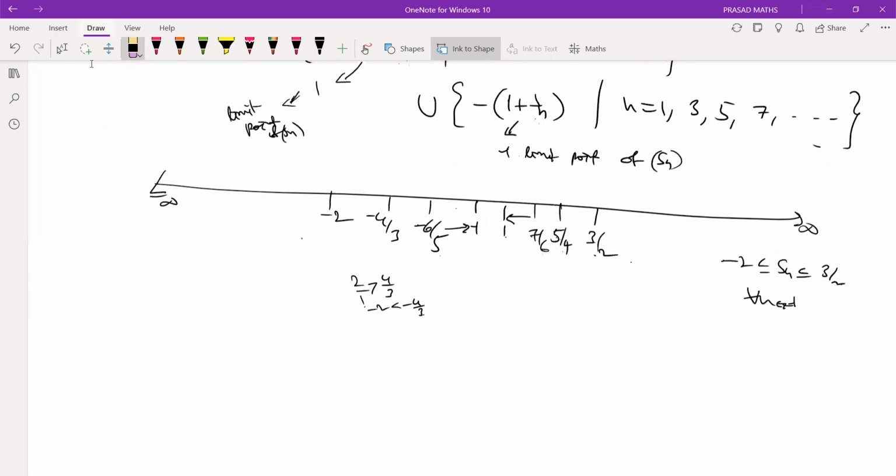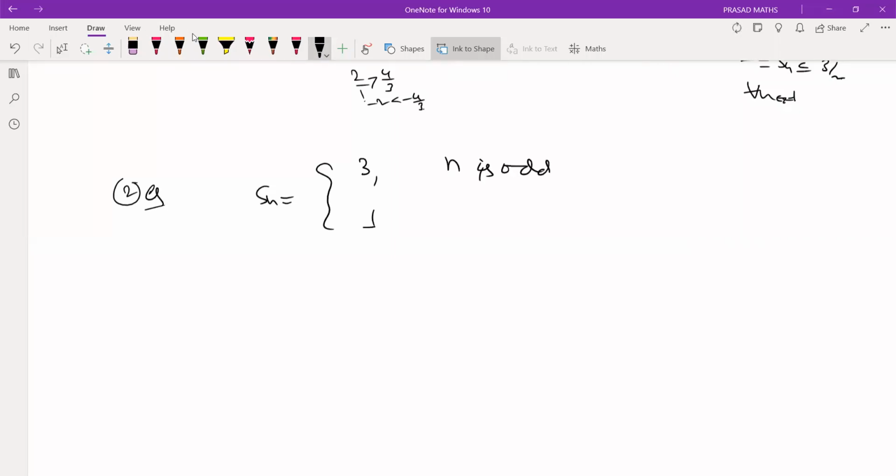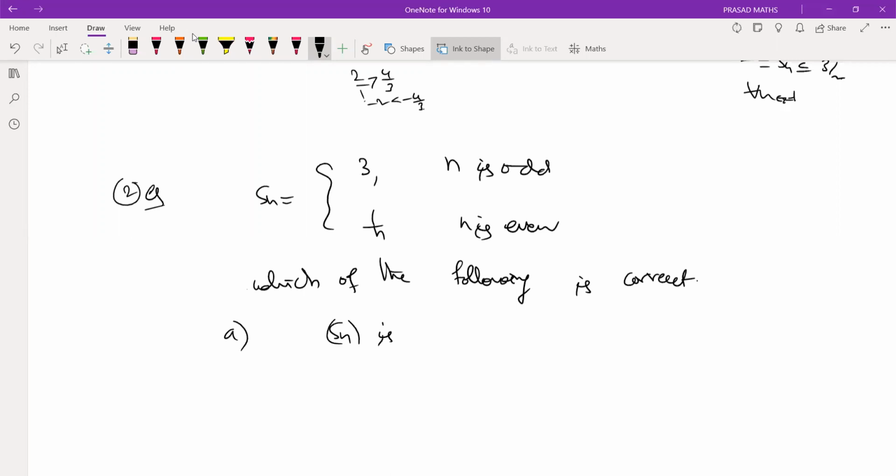Suppose you take question number 2. Sn is equal to 3 where n is odd, and 1 by n where n is even. Whether it is convergent, which of the following is right? First one, Sn is bounded.